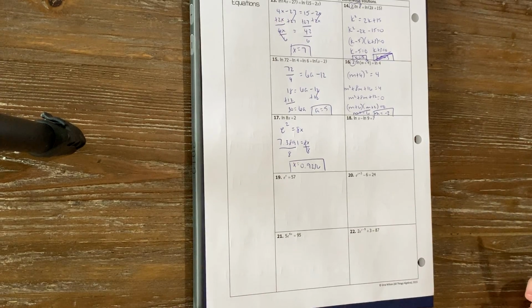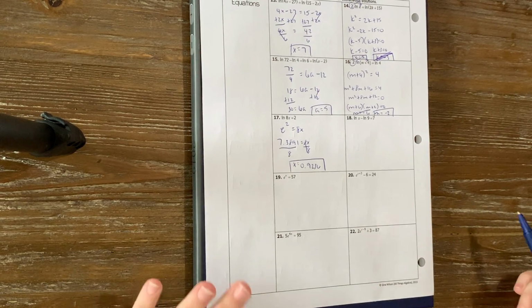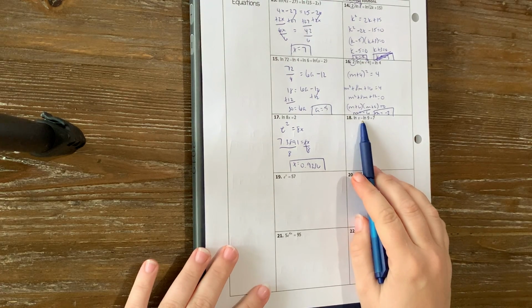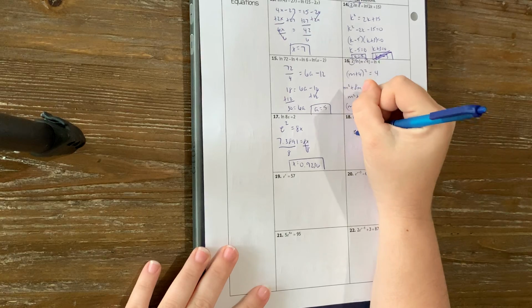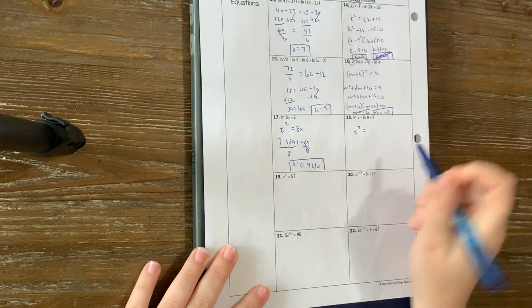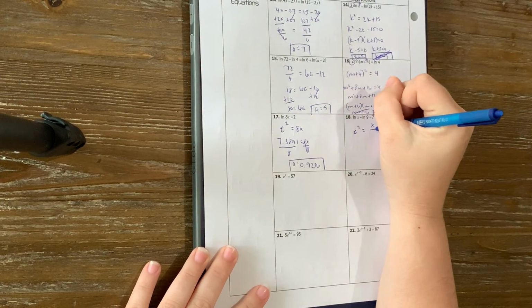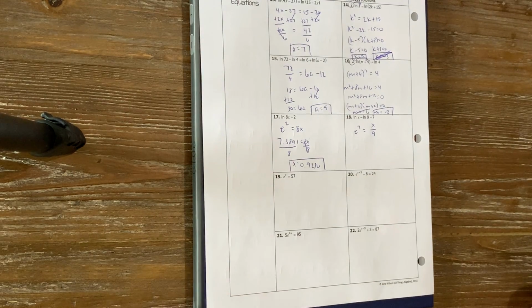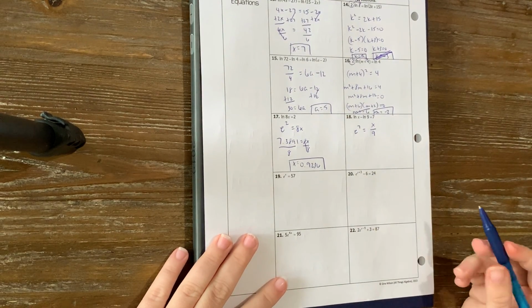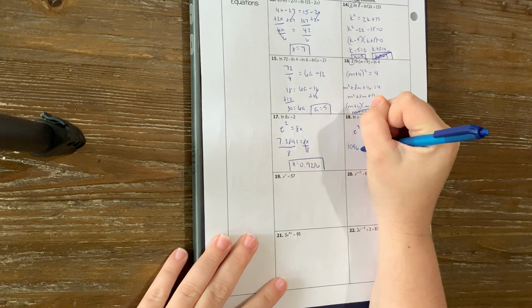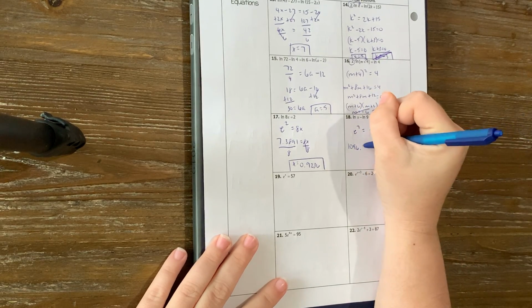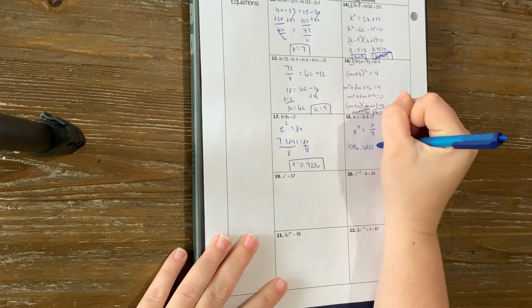Okay, on 18, similar thing here. We have subtraction, which means that we're actually dividing these two right here, but it still is going to be e to the power of 7 equals, well, we're dividing x by 9. e to the power of 7 is around 1096.6332.